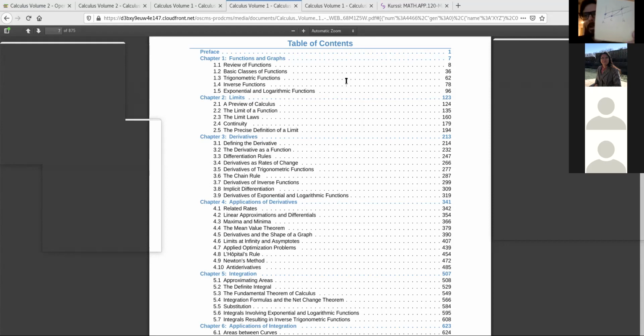And then, as a and b approach one another, approaching c, this comes down to the definition of the derivative.